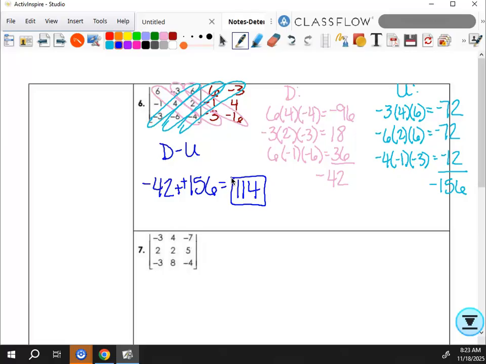And if you don't write all of this stuff out every single time, it's not the end of the world. Just make sure that you are actually keeping up with where your diagonals are, because it's easy to get off on those numbers for sure.